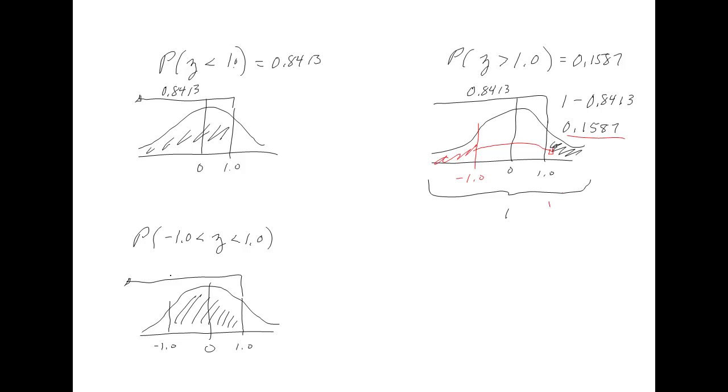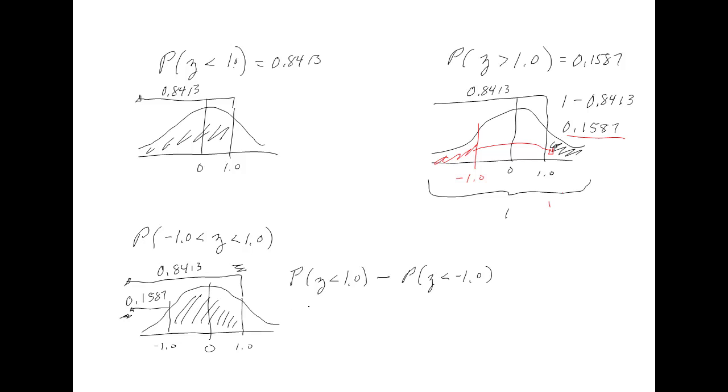So this number here we already know is 0.8413. And then from the table just a minute ago, this was 0.1587. And I want to find the area of the shaded region, so that's going to be found with P of Z less than 1.0. That's this area up here, minus the area over here. And so that's going to be P of Z less than negative 1.0.